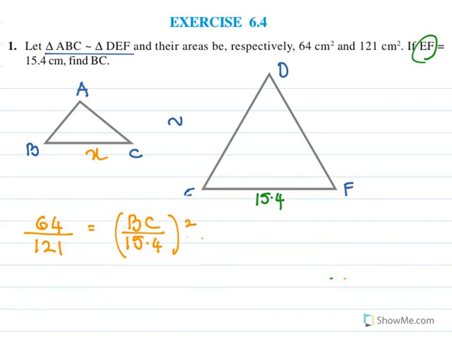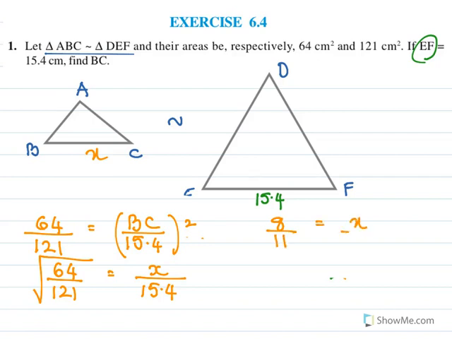So we take the square root on the other side and we get the square root of 64 over 121 equal to BC over 15.4. We take BC as X. Now the square root of 64 is 8, of 121 is 11, equal to X over 15.4.